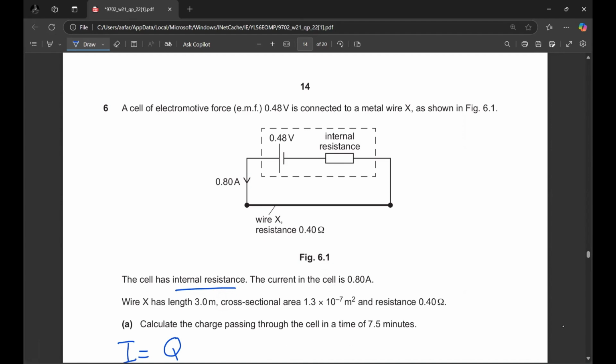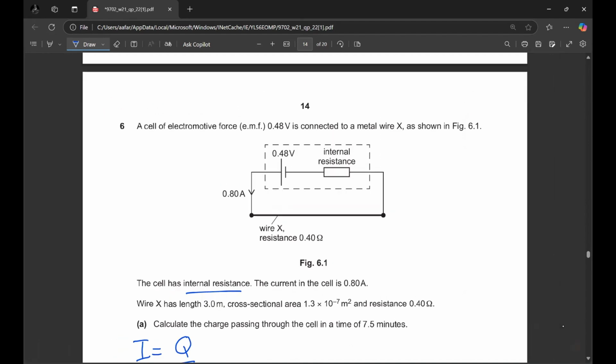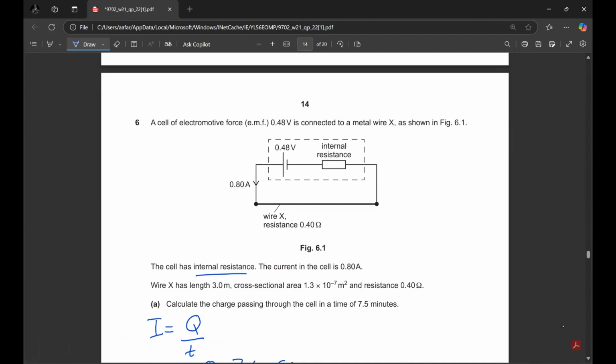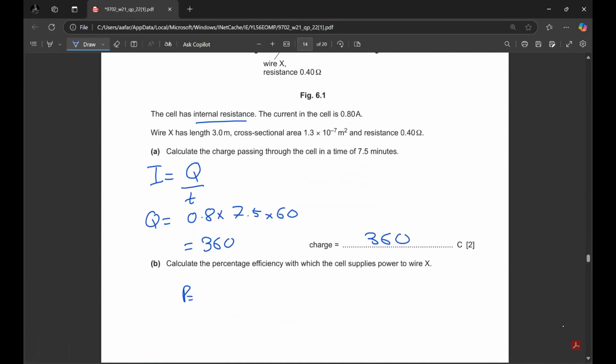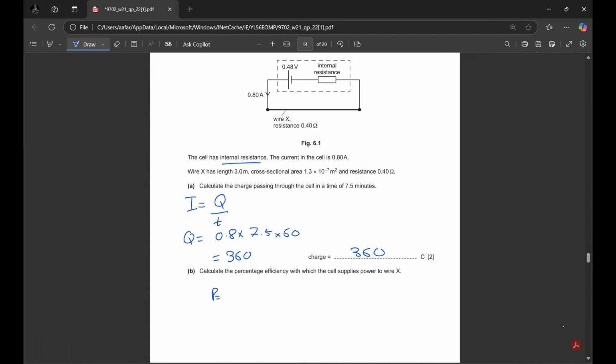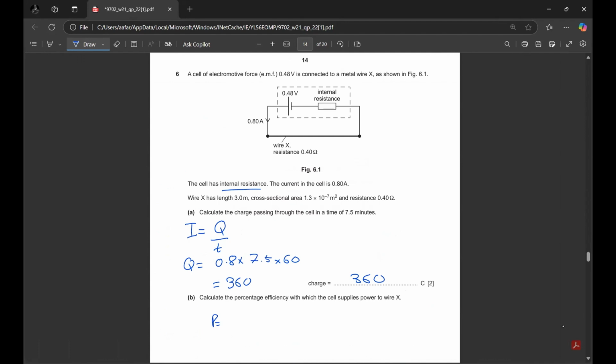The power of this cell: first we calculate the power of the cell, then we calculate the power of the wire.